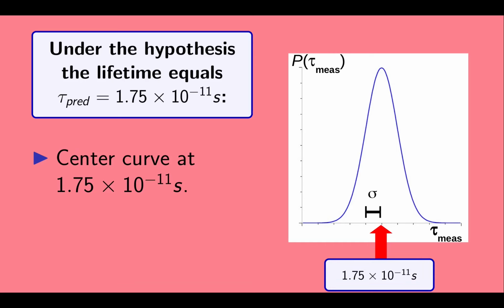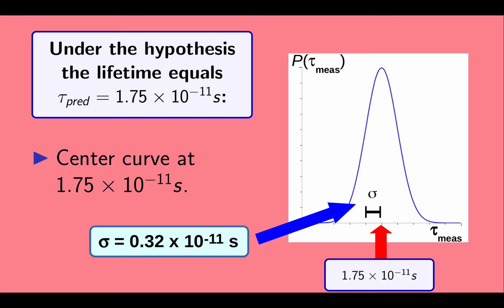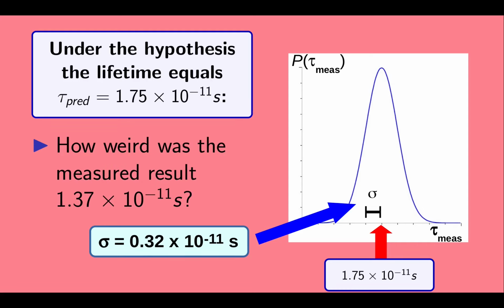So now the curve is centered at 1.75 times 10 to the minus 11 seconds, and sigma is equal to 0.32 times 10 to the minus 11 seconds, which we get from the error bar on the measurement. Okay, so given that, how weird is the measured result, 1.37 times 10 to the minus 11 seconds?